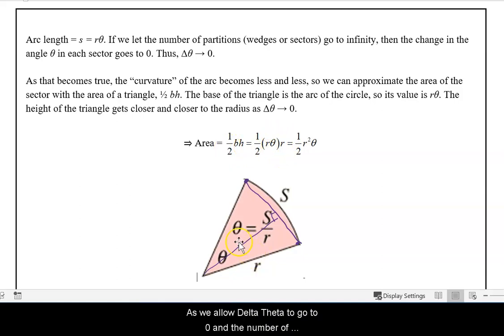As we allow delta theta to go to 0 and the number of sectors to go to infinity, these become equal to one another. And this leads to our formula that the area of the sector is 1/2 r squared theta. This is sort of a different way of looking at it that hopefully will give you a feeling for why the formula for the area of a sector is 1/2 r squared theta.